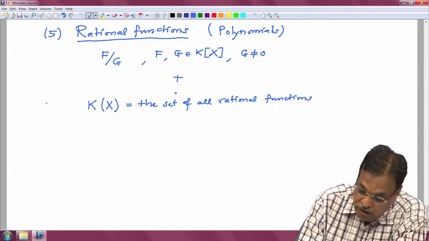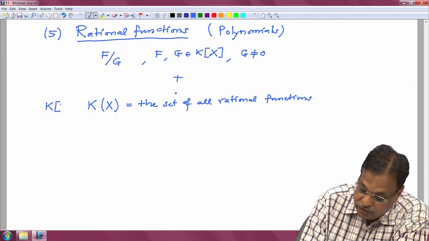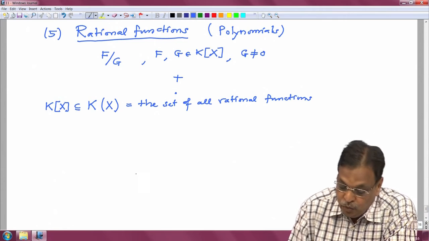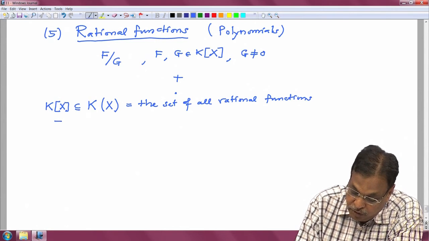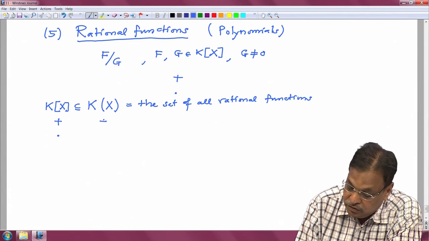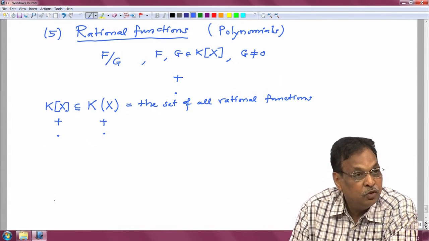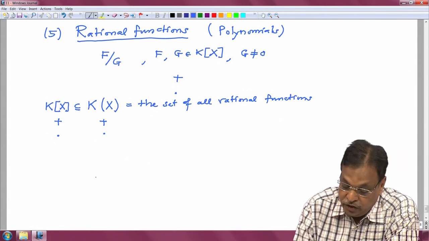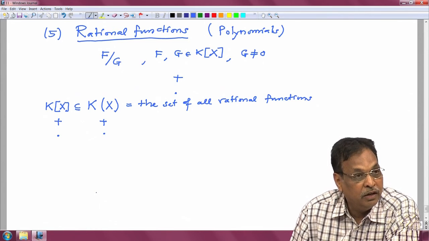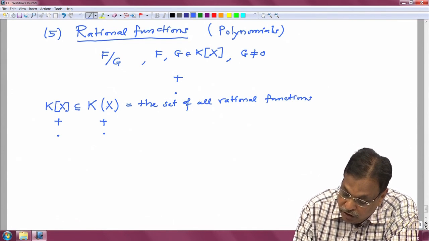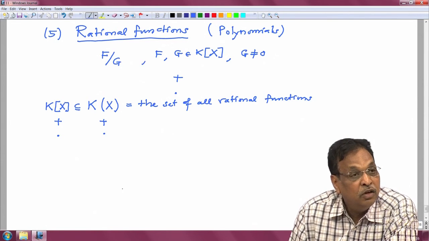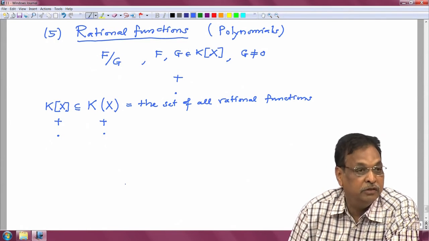So, obviously all polynomials are rational functions, and we have extended the definition of sum and product of polynomials to the rational functions. That means this k[x] is extended to this bigger ring. The binary operations in the polynomial ring are the restrictions of the binary operations from the bigger set.